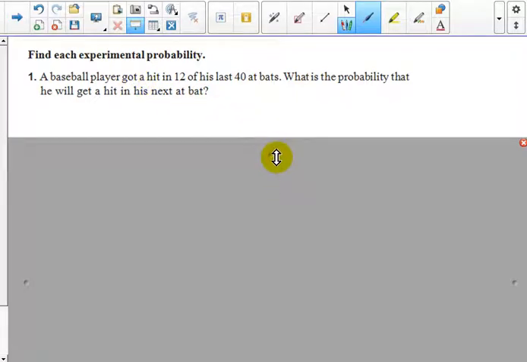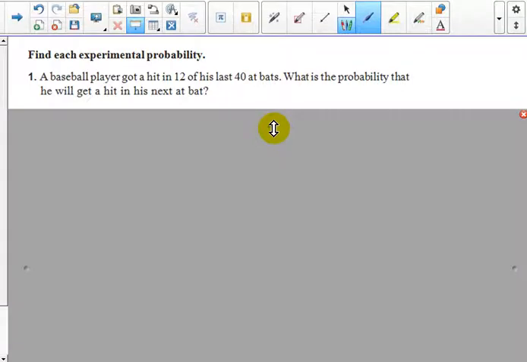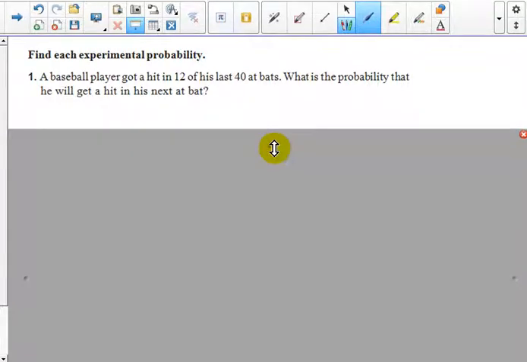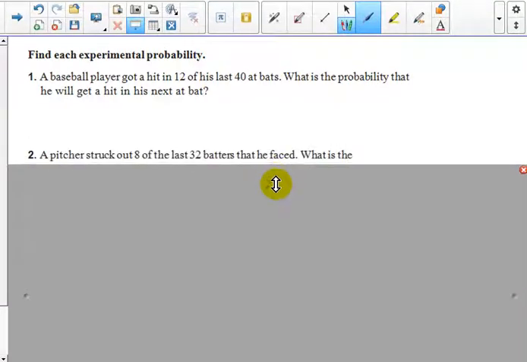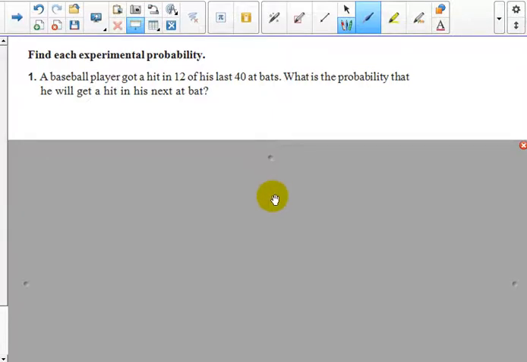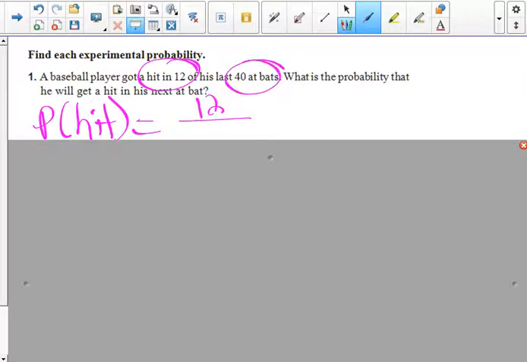So a baseball player got a hit in 12 of his last 40 at-bats. What is the probability that he will get a hit at his next bat? So the probability that he gets a hit at his next bat is equal to, what's the favorable? How many did he get? 12. Over how many total? 40.